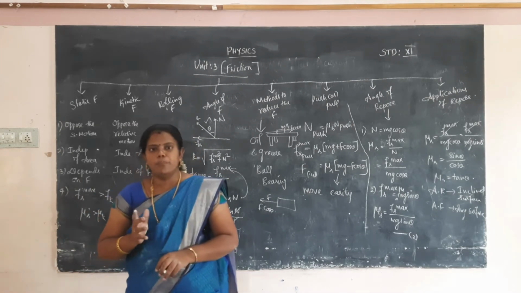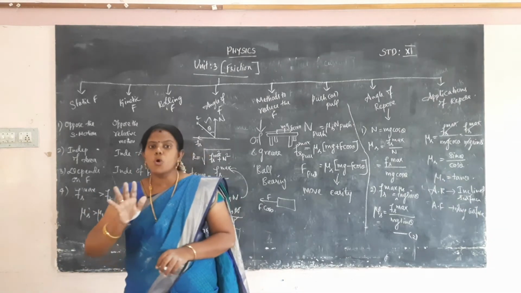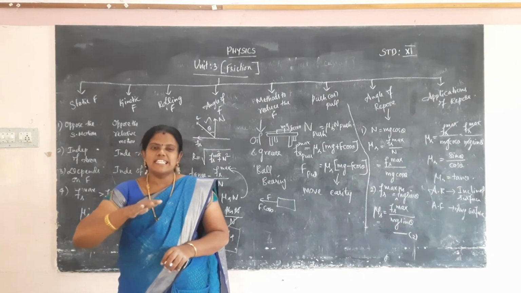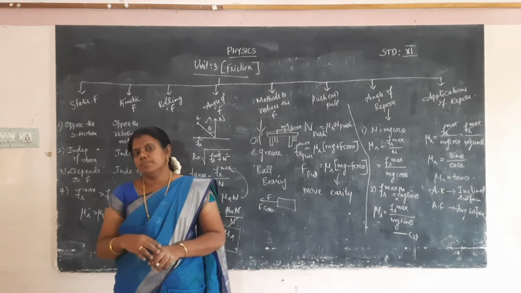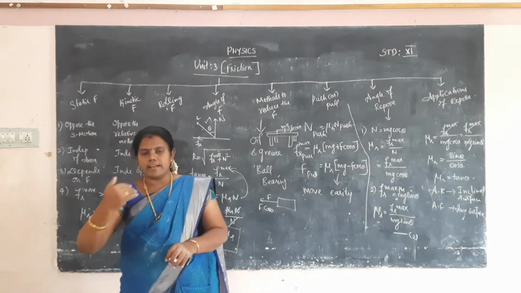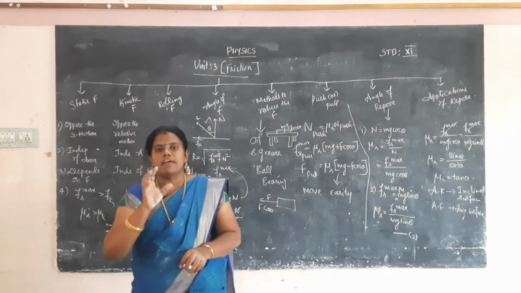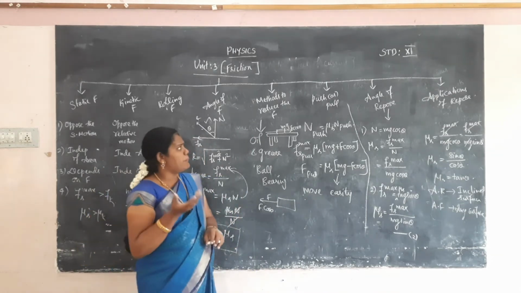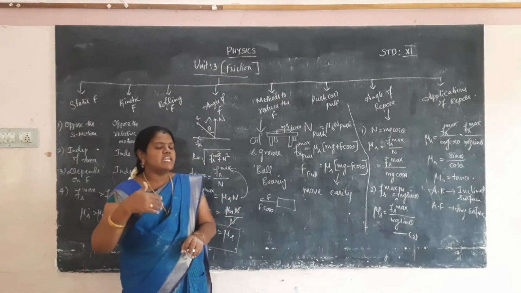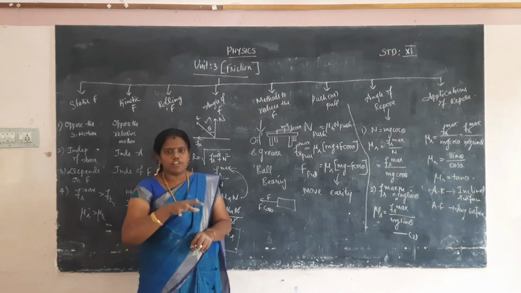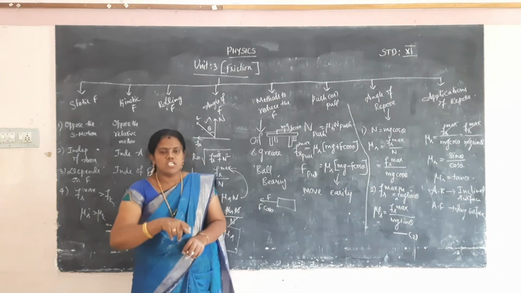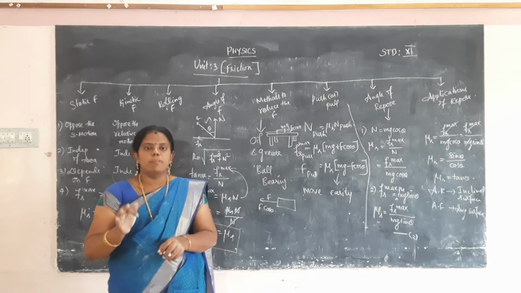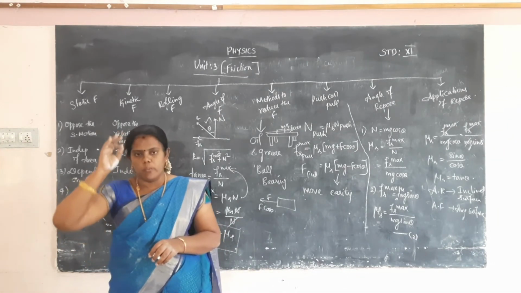What's the meaning of repose? Repose means pose, pose means to fix, the angle at which one object easily slides over an inclined plane. ஒரு object inclined plane ல ரைட் ஆகணும் அப்படினா அதுக்கு என்ன மாதிரி நீங்க angle set பண்ணணும், that is called angle of repose. Angle of repose is equal to the angle of friction, but angle of friction can be used for all surfaces, while angle of repose is used on the inclined plane only.